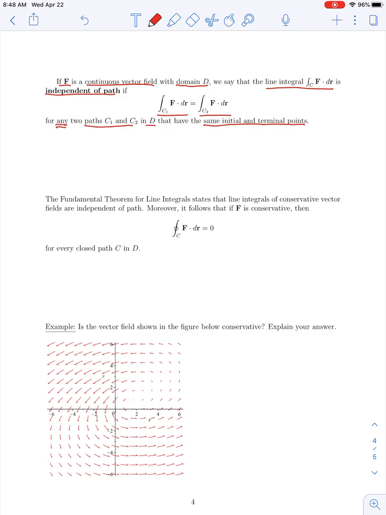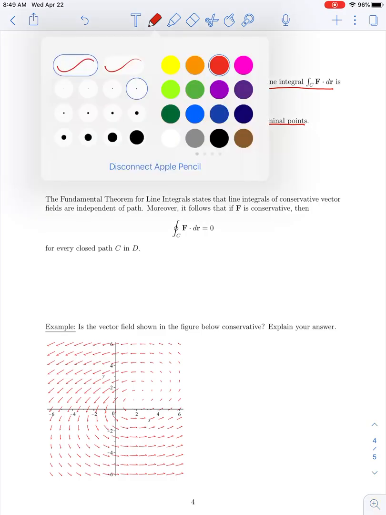So a line integral of a vector field is said to be independent of path if the value of the line integral is the same for any two paths connecting the same 2 points.